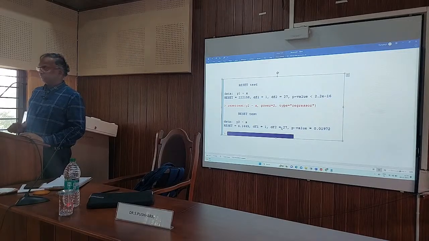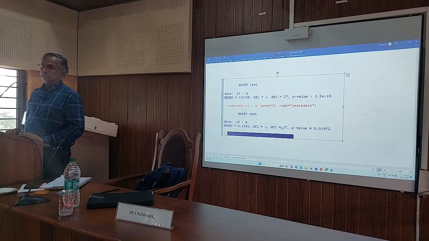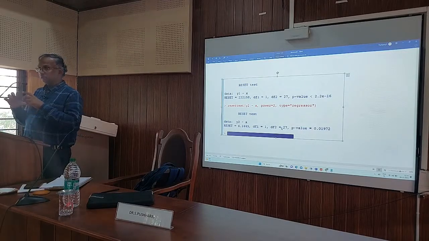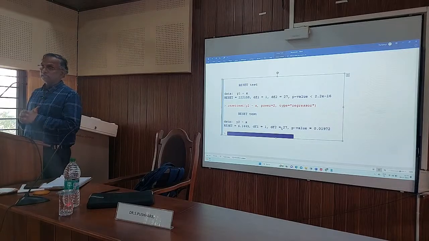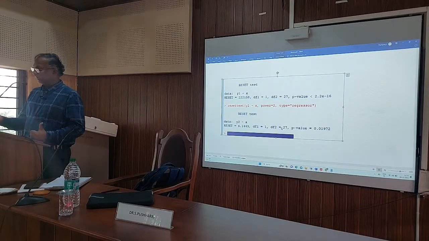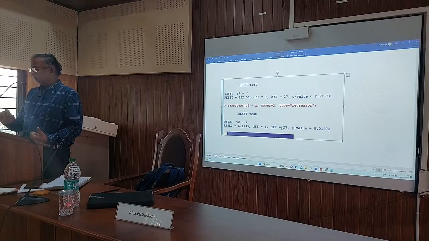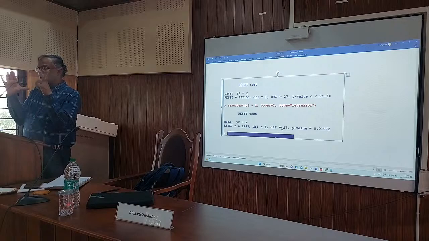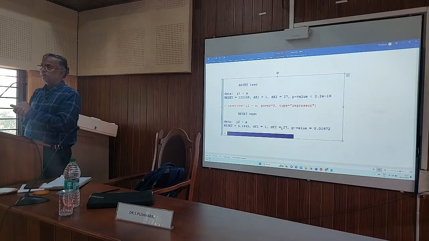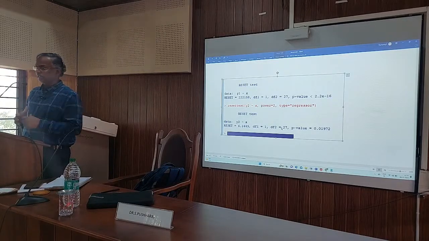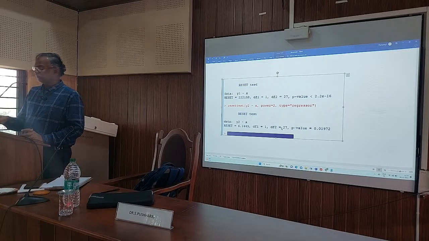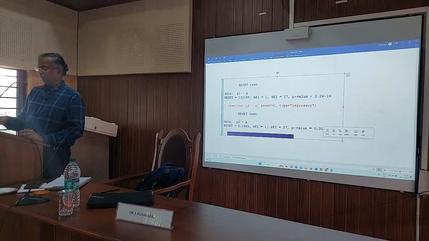This also says the test is significant. The supposed null model is significant here also, right, at the 5% level. Since the sample is very small, we are getting these results. Otherwise, if it's a bigger sample, the p-value here will be high, more than 0.05. So it will say this model is not significant.